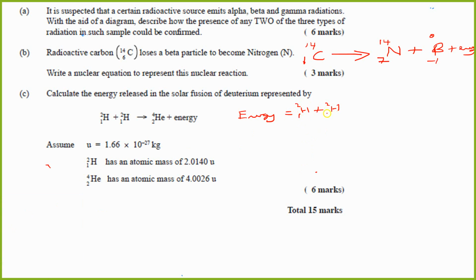So whenever you combine two deuterium, you're going to get helium. Well, my bad. Yeah, when you combine two deuterium, you're going to get a helium element. What I'm doing here is just transposing the equation.